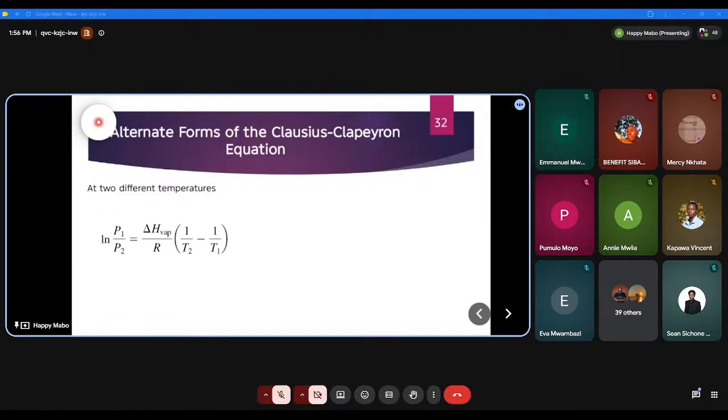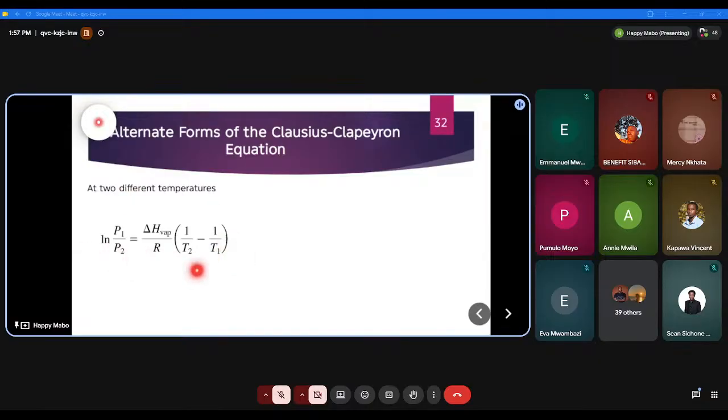At the first interval, you would know the time, the initial partial pressure, which is the P1 there, and the initial temperature. Then at a later stage, after some time has passed, whether 30 minutes, 20 minutes, 10 minutes, or an hour or two, you measure the temperature and the new partial pressure.